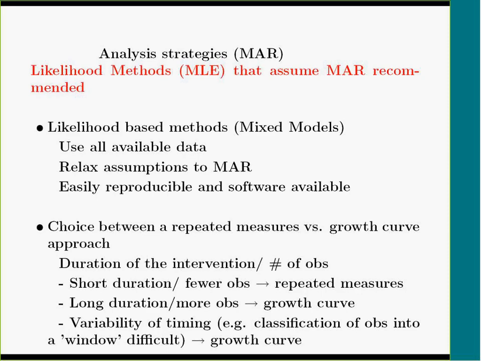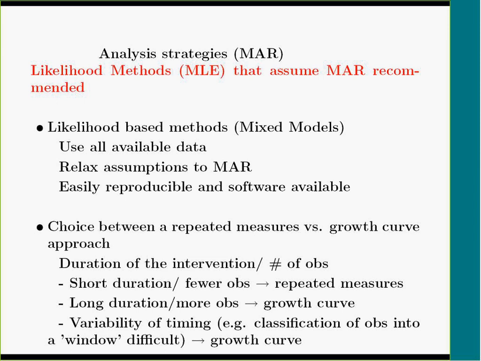So the analysis strategies that you'll probably rely on the most are those that assume missing at random, and they follow the likelihood-based methods offered generically in mixed models and use all available data.